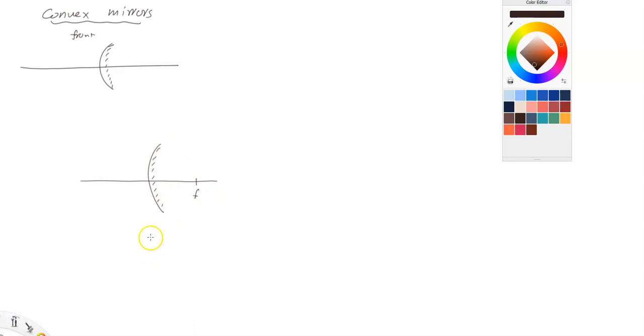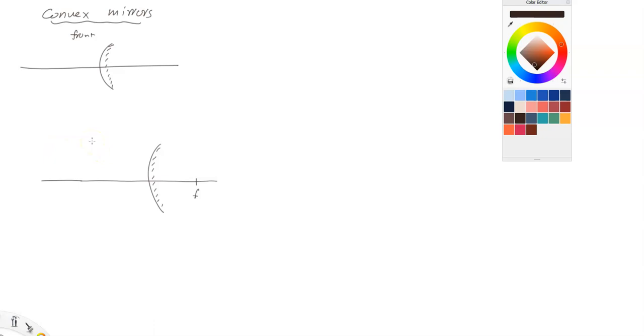So we say that this has a virtual focal point or a virtual focal length. The other one, concave, has a real focal point or a real focal length. This is behind the mirror, inside the mirror. So here's the focus. Now the light comes from the other side, right? The front side. Light has to always come from the front side.